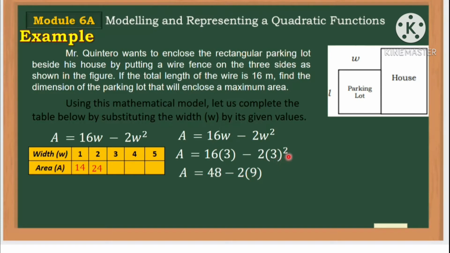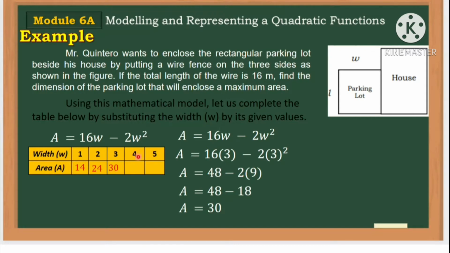Multiply by itself. Kasi itong exponent natin. So, dito, simplify by multiplying negative 2 times positive 9 is equal to negative 18. So, A is equal to 48 minus 18. Simplify this, subtract, that is 30. Kapag ang width ay 3, ang area natin ay 30.